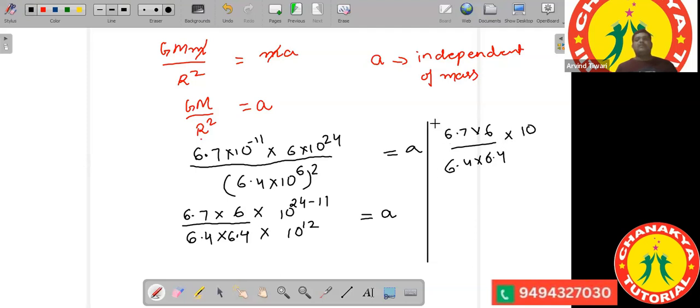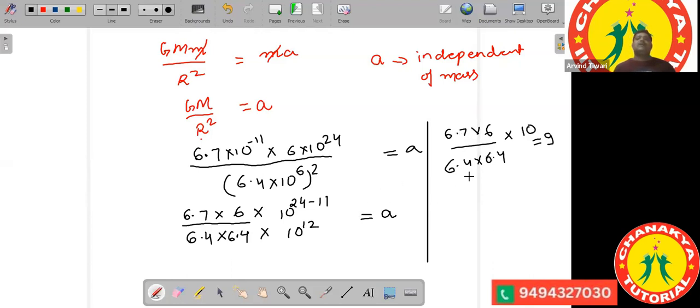Okay. So now you just need to perform these calculations. Multiply 6.7 into 6 divided by 6.4 into 6.4. Just a simple calculation.